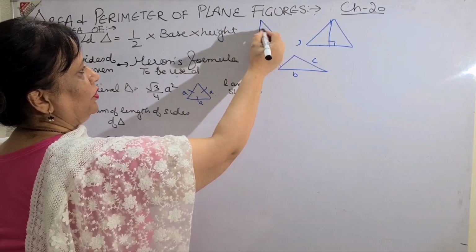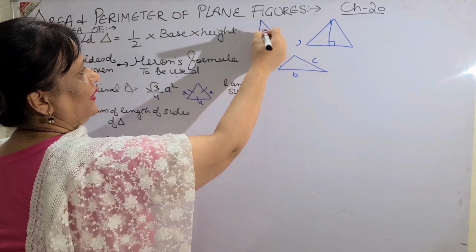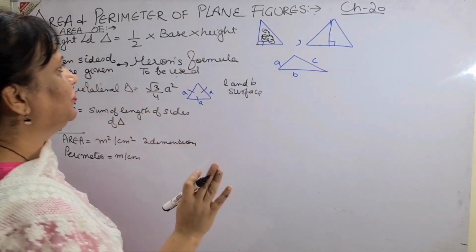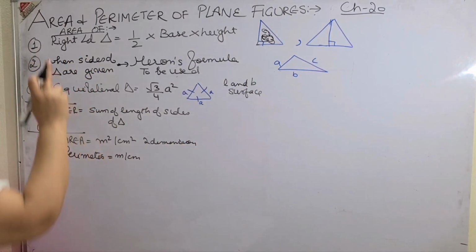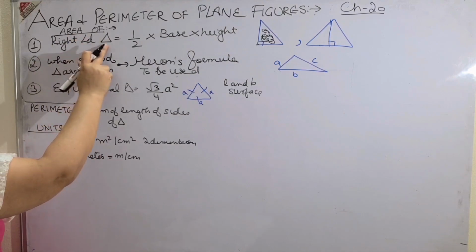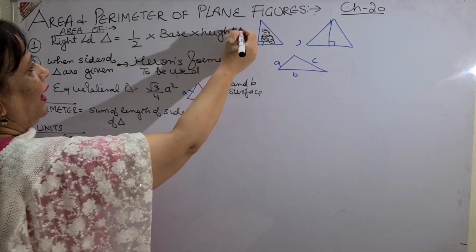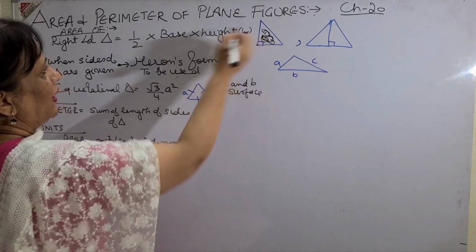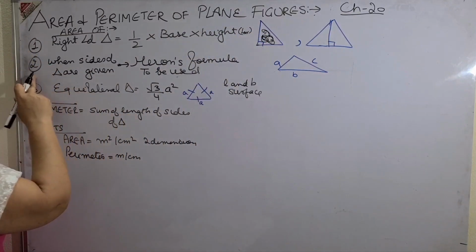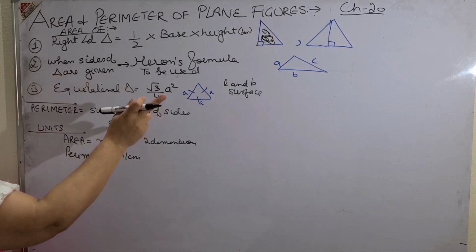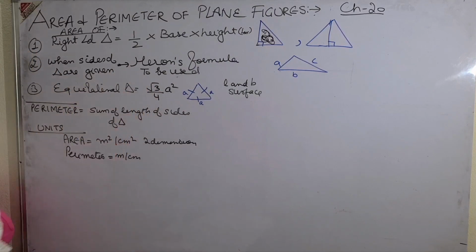Three sides are enclosing the surface, and this surface is said to be area. So the first formula which you have been doing for so long: area of a right angled triangle is half into base into height. Height can also be termed as perpendicular. Then when the perpendicular is not given, you will use Heron's formula.